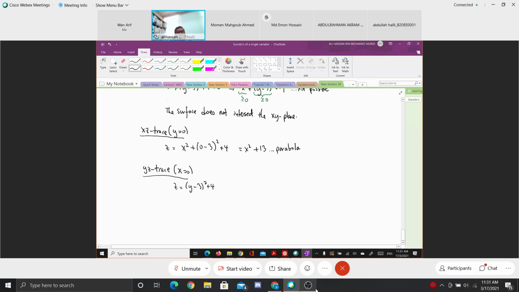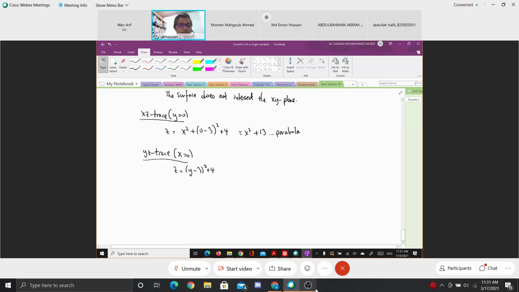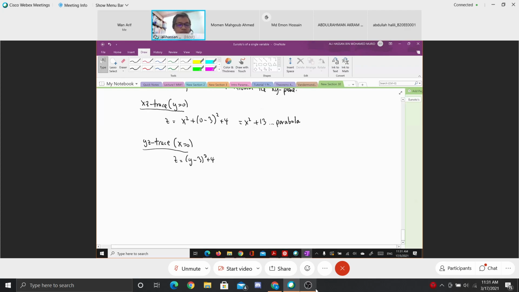So we have (y minus 3) squared, so this is also a parabola. So the surface intersects the yz plane in terms of this parabolic curve here.